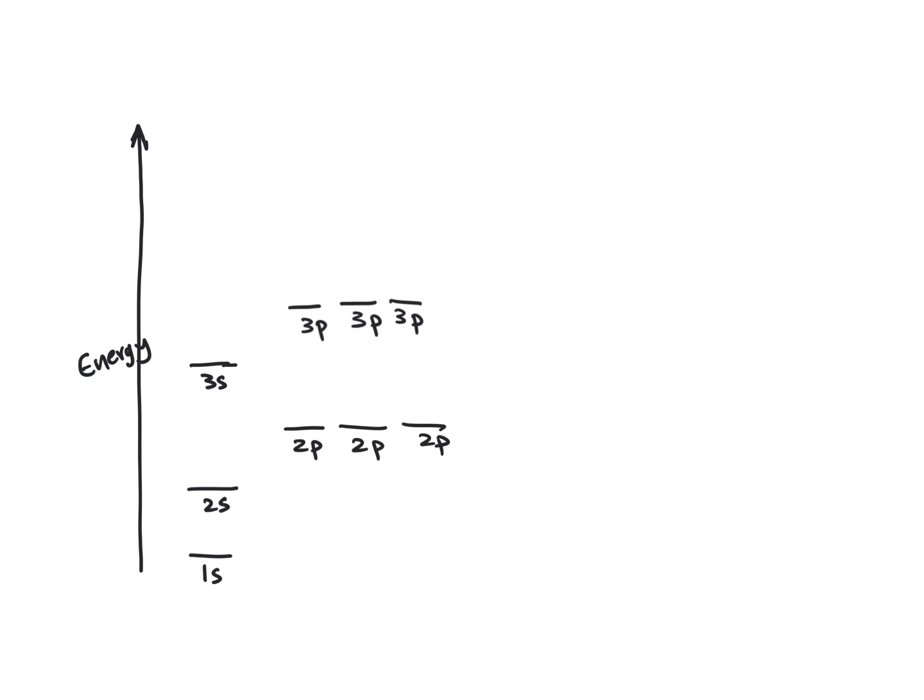So px, py, pz, the energies are the same. That's why I have it level, and I try to write it as level as I can. But as you see, I highlighted this, that, all of them have the same amount of energy. Okay? And then 3s, 3p.